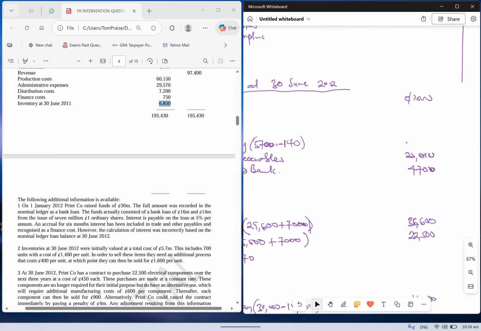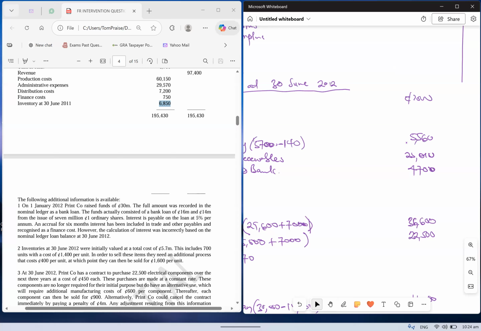Have you gotten this figure for me? It's 5560. This thing is interesting. Please, when you are doing the exams, be mindful of the dates, and be careful of dates.